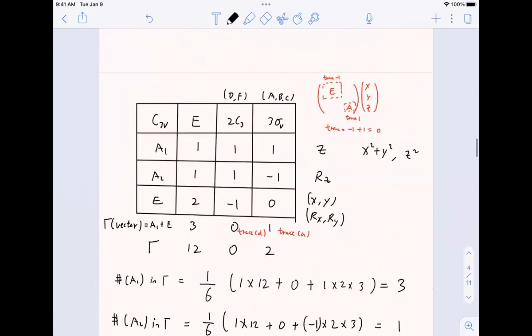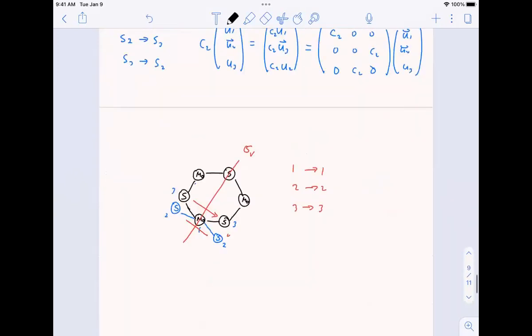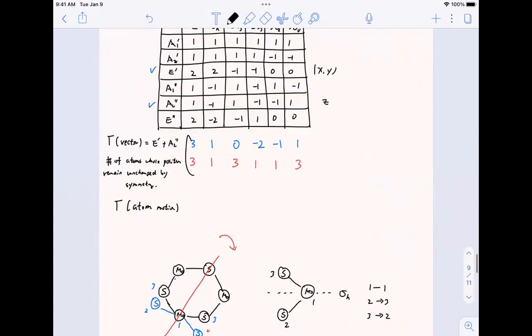So all you need to do is just the times this. It's just that simple. The algebra of group theory are all very simple. The difficult part is the concept. You need to get the concept.